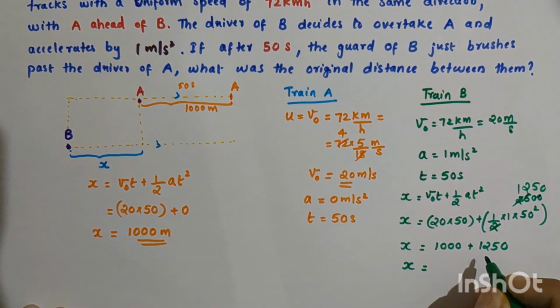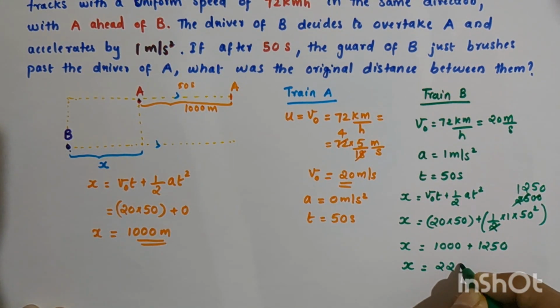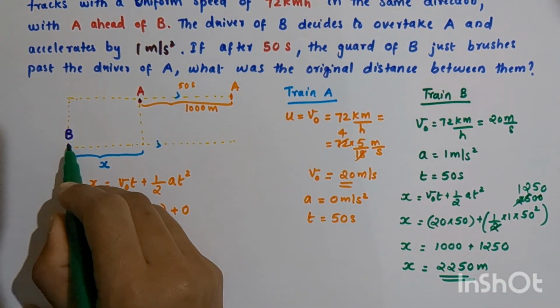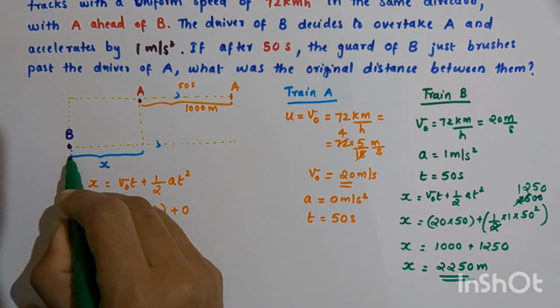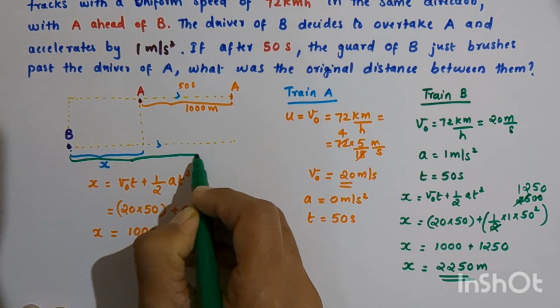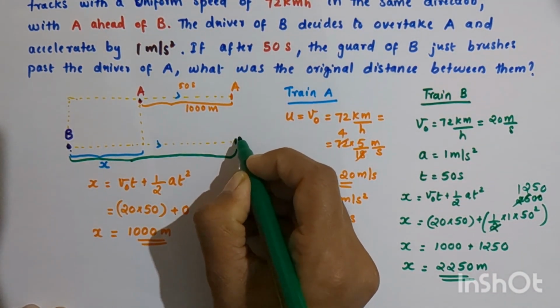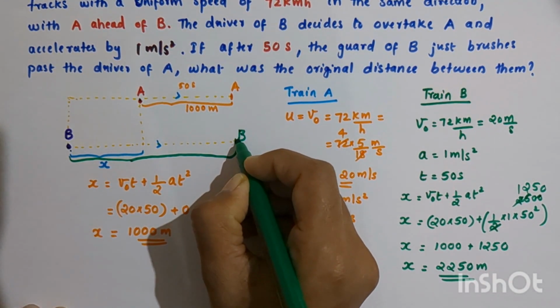When we add these two, we get 2250 meters in 50 seconds. Train B, which is initially here, in 50 seconds has travelled 2250 meters, and suppose it has reached here.